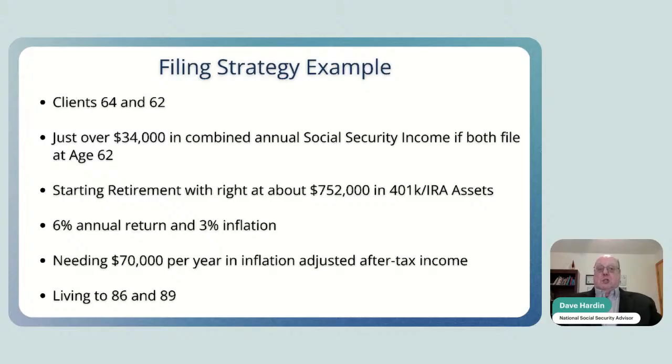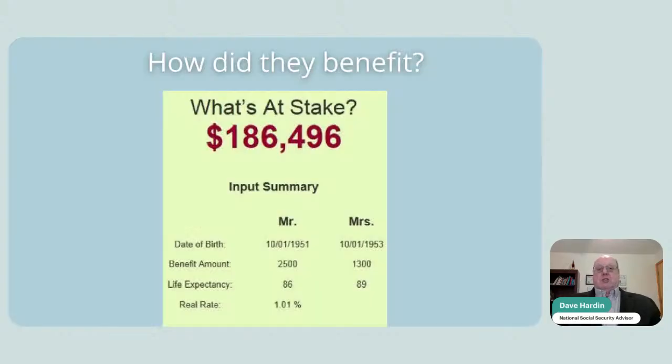I'm going to show you what this looks like. If they retire at 62, they're walking away from $186,496 in Social Security benefits. And folks, they need every nickel of that. They don't think they do, but they need every nickel of it to survive retirement without going broke.